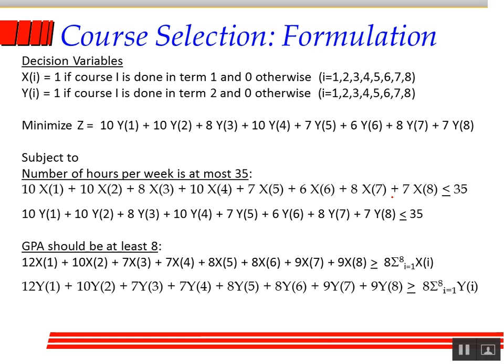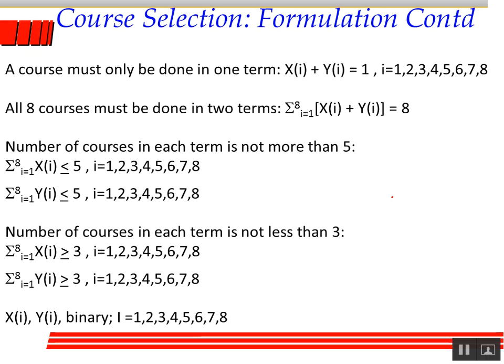So this is done automatically because xi can only be 0 or 1. And same thing for the second term, right? So y1 can be 1, can be 0. If it's 0, it doesn't count. If it's 1, it counts, right? Does it make sense? So that's the GPA constraint.